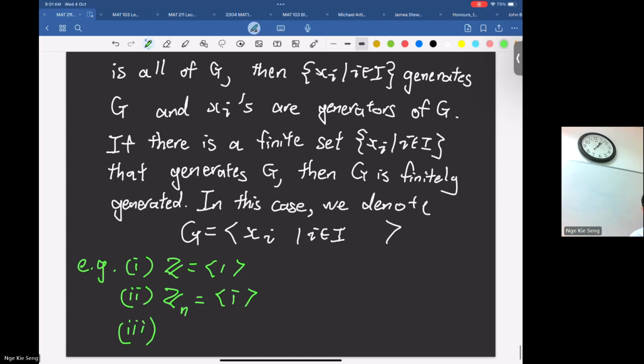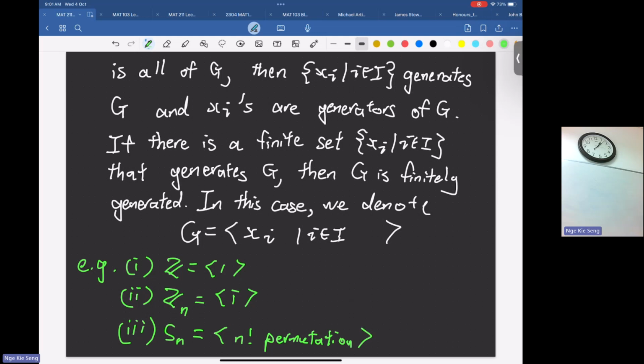What else? Sn is also finitely generated. The most brute force way is to use all the n factorial permutations, but in general it can be reduced.